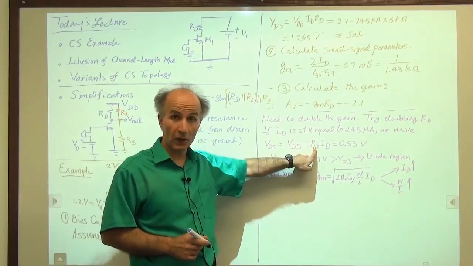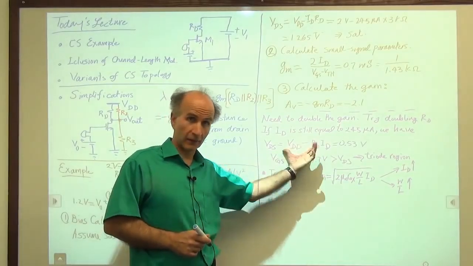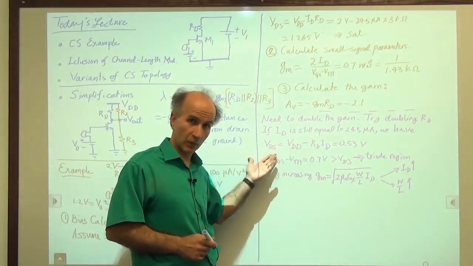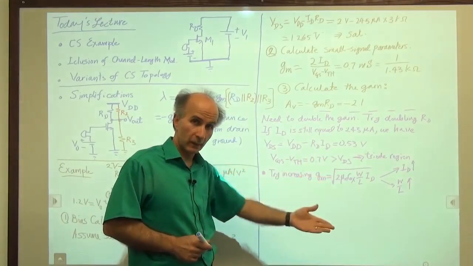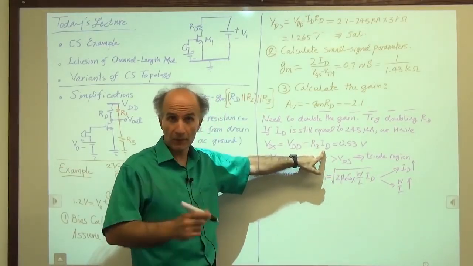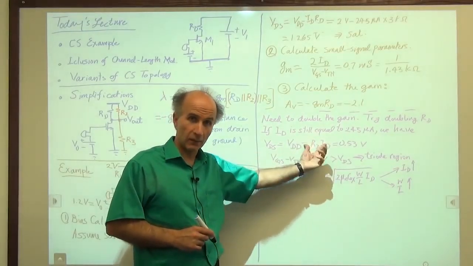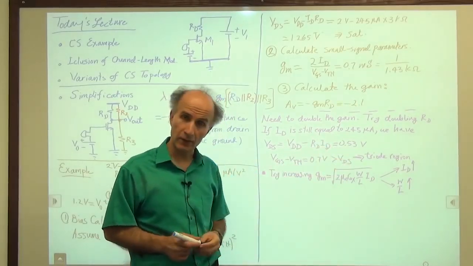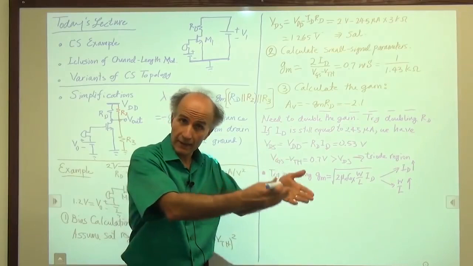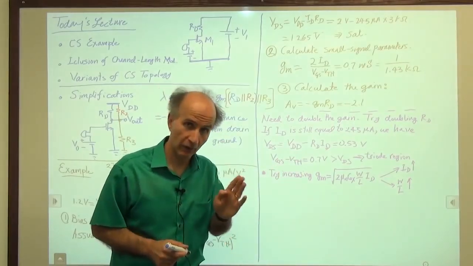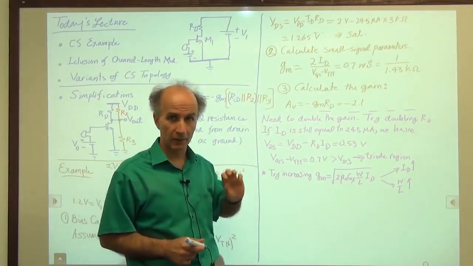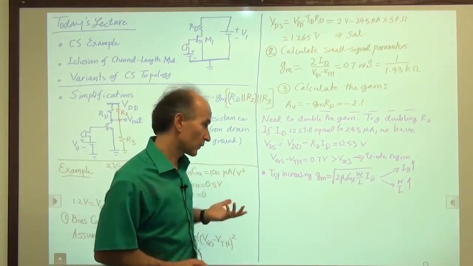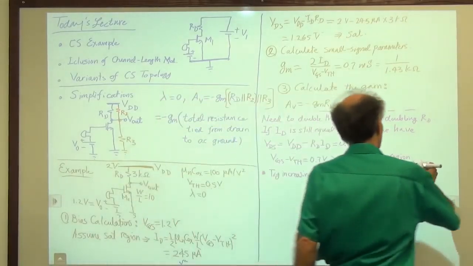Previously, we attempted to increase RD, and as a result, this difference collapsed, so VDS was too small. This time, we're trying to increase ID. Same problem. If you increase ID, this term increases, this term decreases, VDS decreases, we go into triode region. So again, ID has a certain limit. For a given amount of RD, ID has a certain limit. We can't do much.